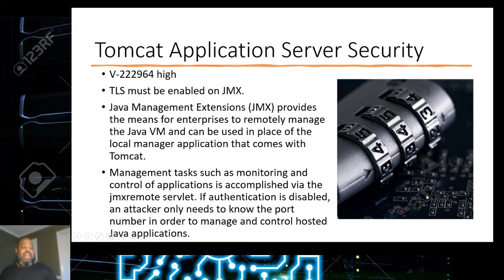If authentication is disabled, an attacker only needs to know the port in order to manage and control your hosted Java application. Authentication needs to be enabled, basically using a password key to log on. If not, some random bad actor could take control of your Java application.